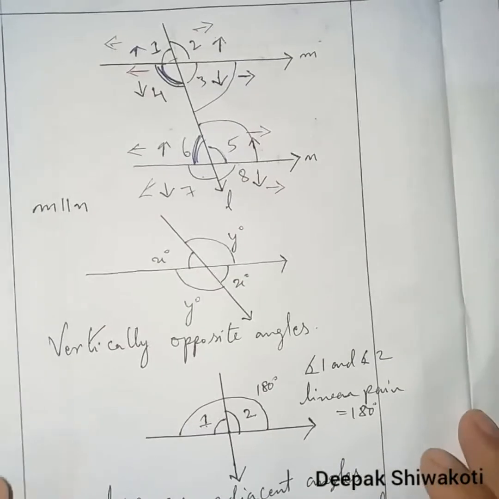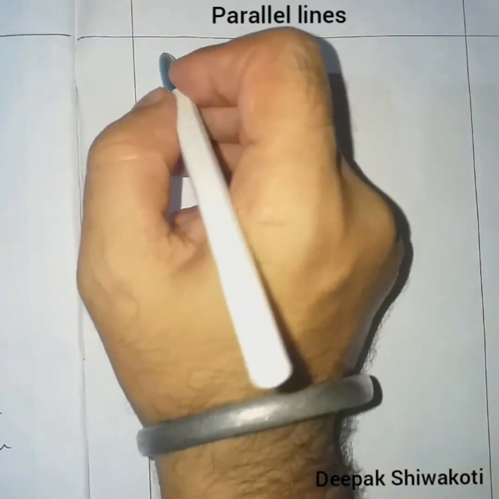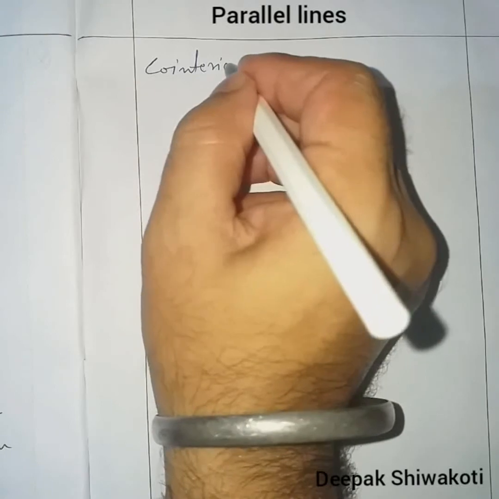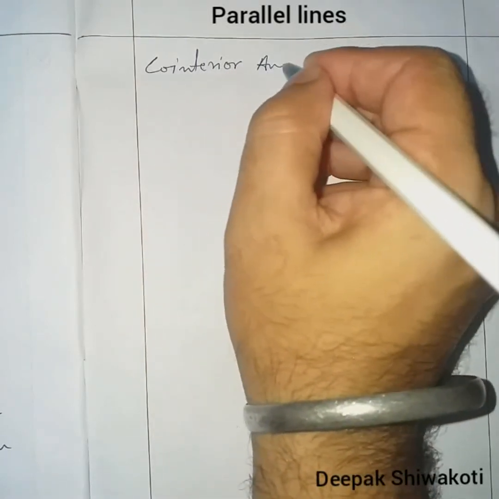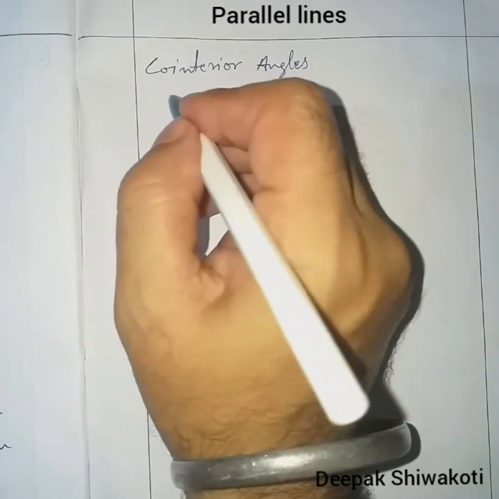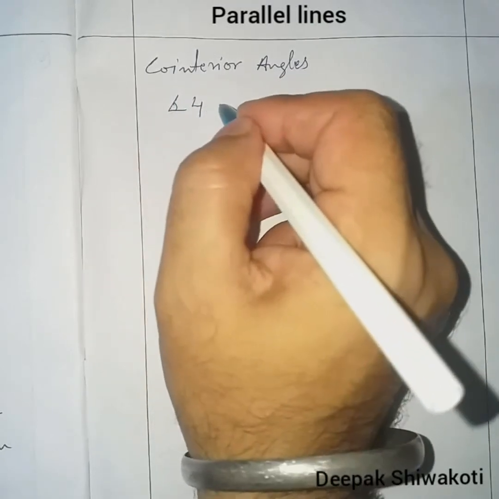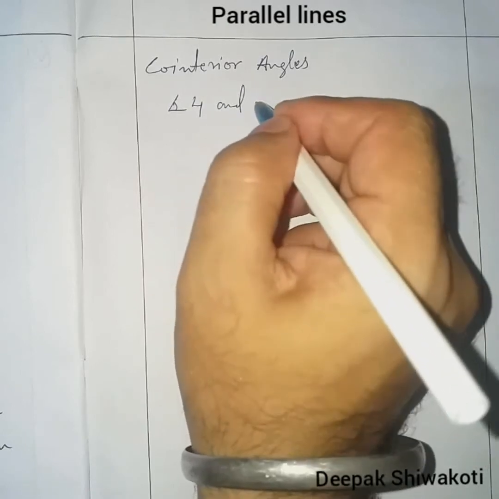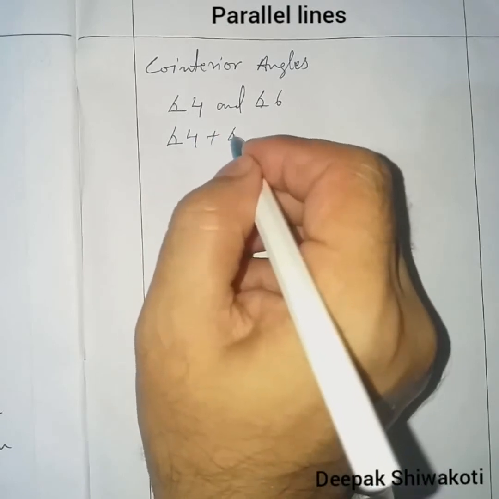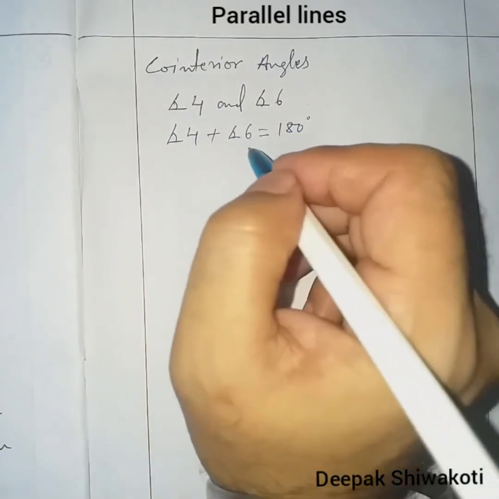So I can write here a small note for co-interior angles for parallel lines according to our figure. Refer the figure, angle 4 plus angle 6 will be equal to 180 degrees in case of parallel lines only.